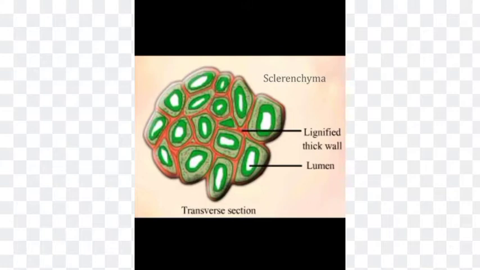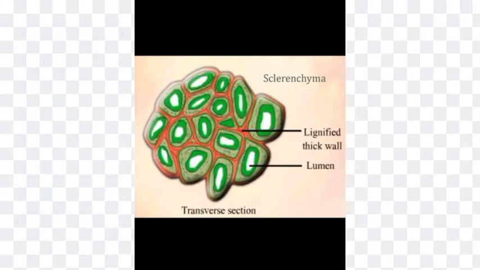The cells of this tissue are dead. They are long and narrow, as the walls are thickened due to the presence of lignin. Lignin is a chemical substance which acts as cement and provides hardness to them.